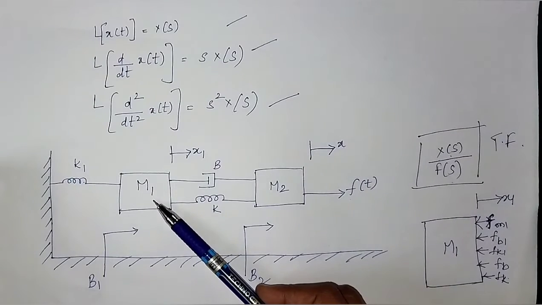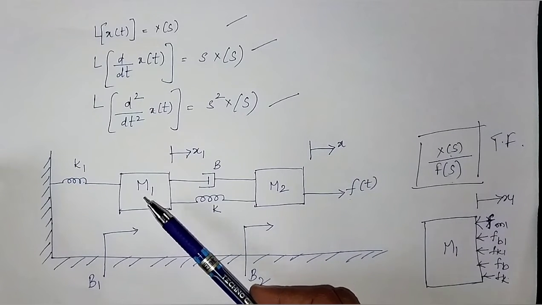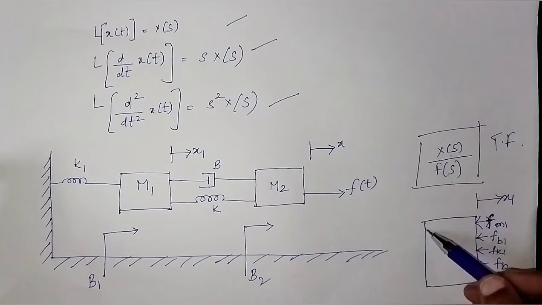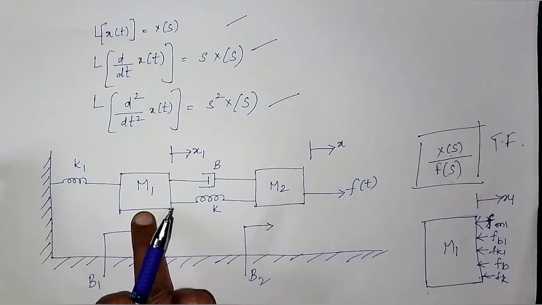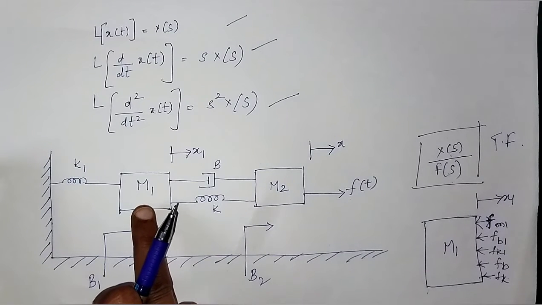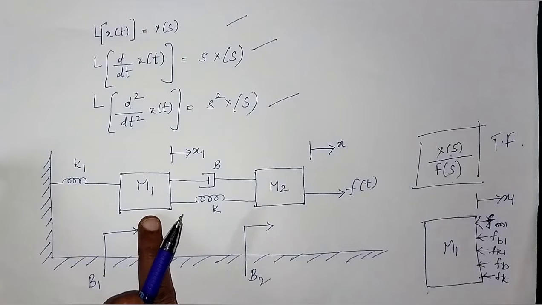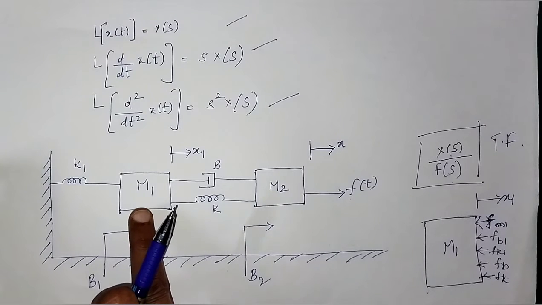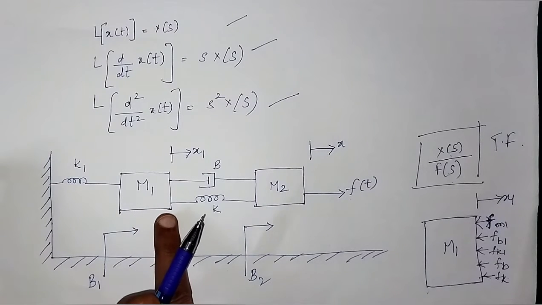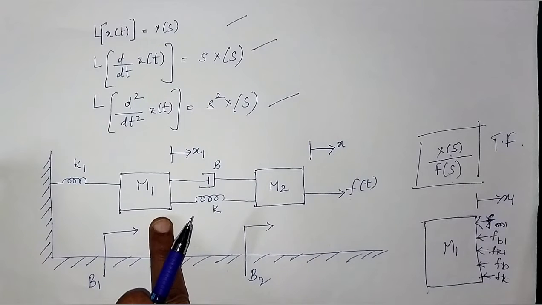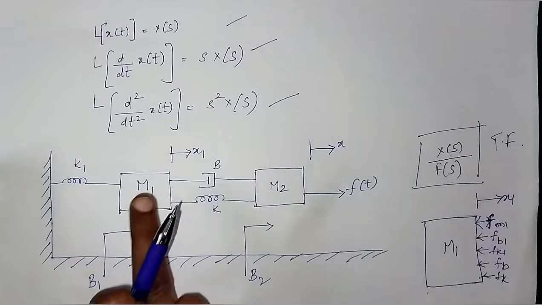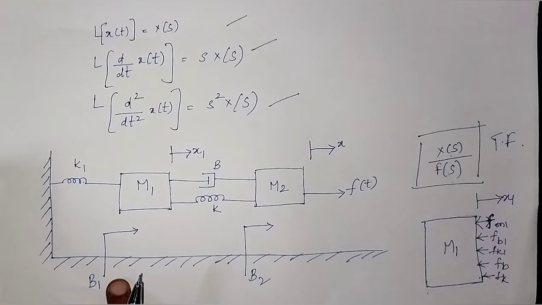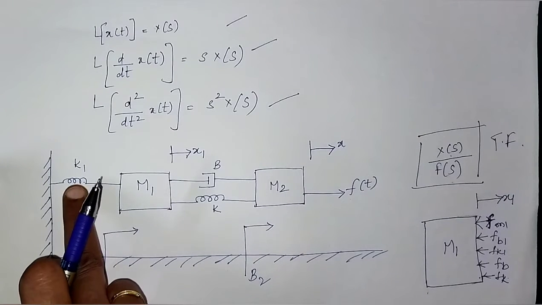Now, to start with, we'll start with the node m1. This is the representation of a free body diagram. On this particular node m1, there is no direct input, so that is obviously 0. But we do have opposing forces. The opposing forces are due to mass m1, due to dashpot b1, and due to elasticity or spring k1.